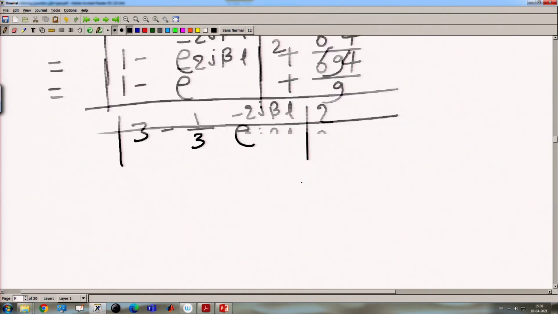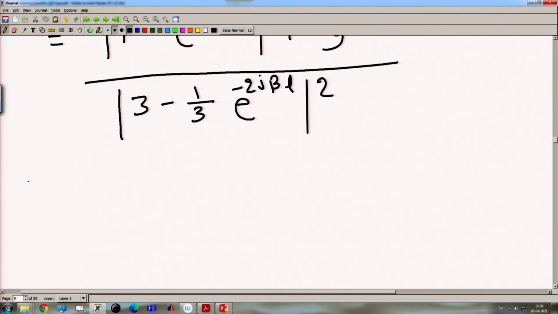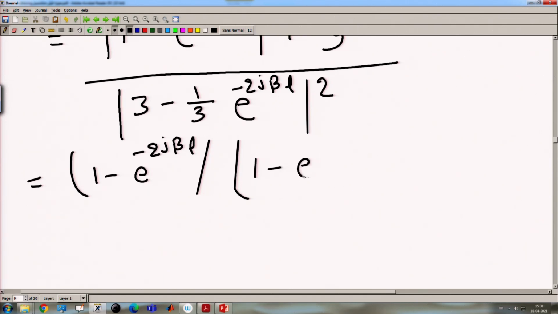Because this is in the mod, this can be written as (1 minus e to the power minus 2 j beta L) into (1 minus e to the power 2 j beta L), because we have to remove the mod.